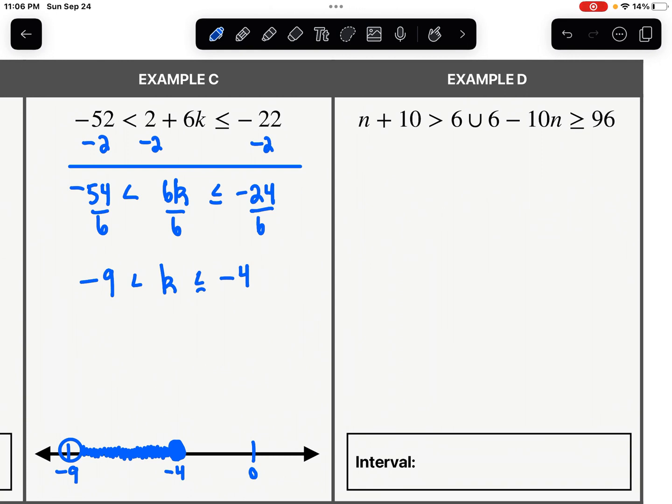All right, last one. Here is our compound OR. And because this is an OR statement, it means that we could have n over here or over here. So what we're going to do is solve both of them individually. So I'm going to solve the one on the left first by subtracting 10 from both sides.